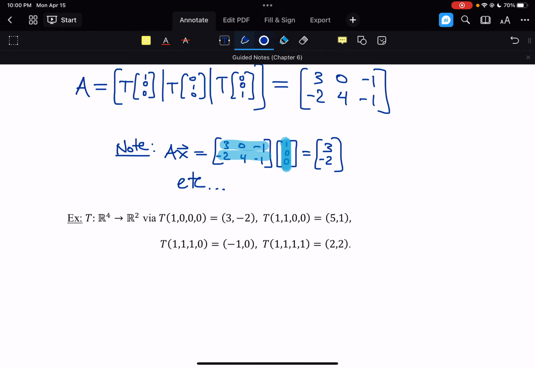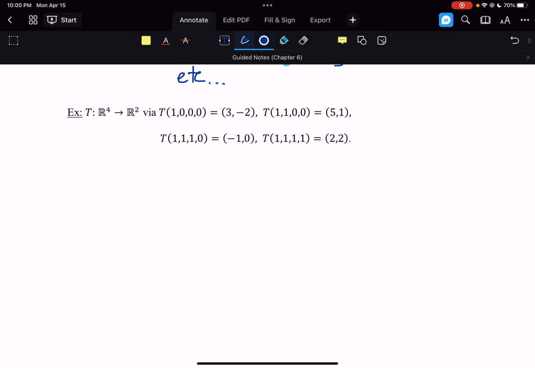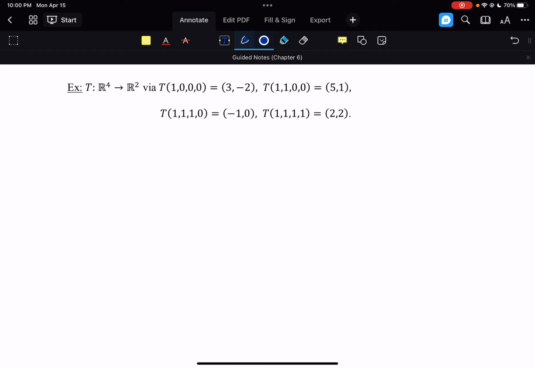We can also get a little bit clever with this. If we were going from R4 to R2, for example, we know that T of 1, 0, 0, 0 is this, T of 1, 1, 0, 0 is this, T of 1, 1, 1, 0 is this, and T of 1, 1, 1, 1 is 2, 2.